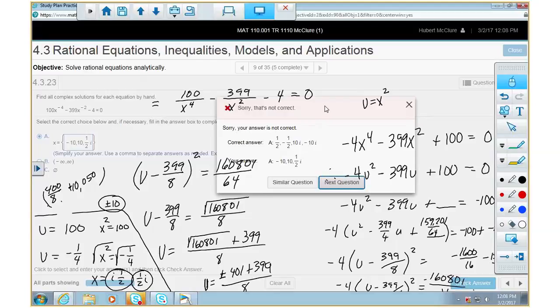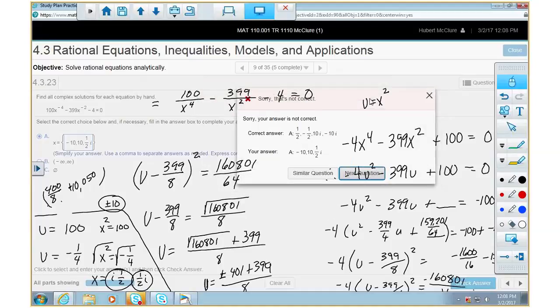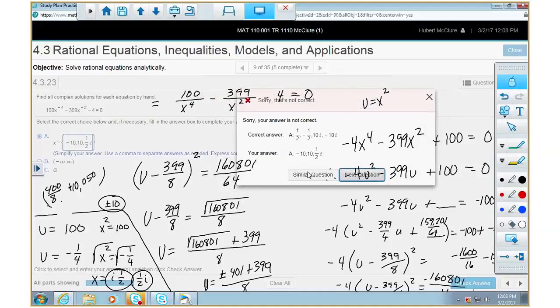Why did they get the opposite of what I got? I must have a sign wrong somewhere, because they've got the opposite. So they're saying that this is supposed to be negative 100, and this is supposed to be positive. So we need to check our sign. But the math is right. We got a sign wrong somewhere. Positive or negative? Positive.